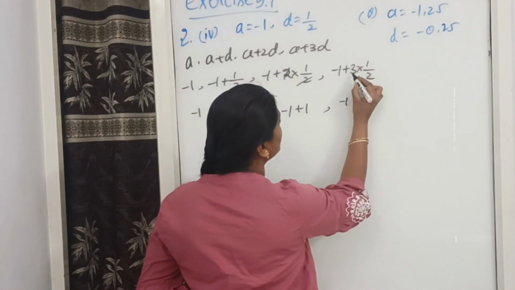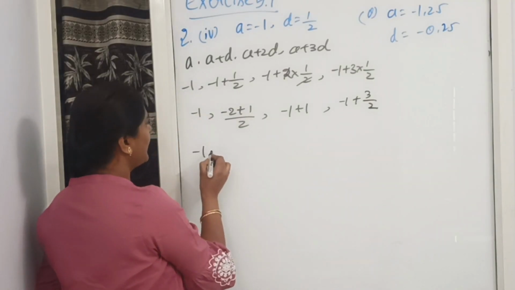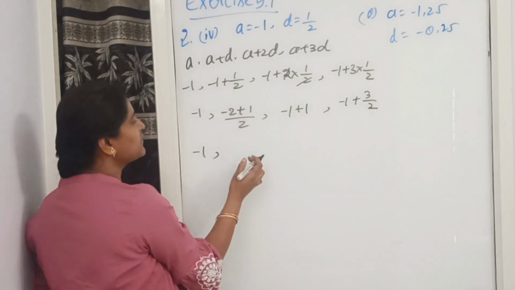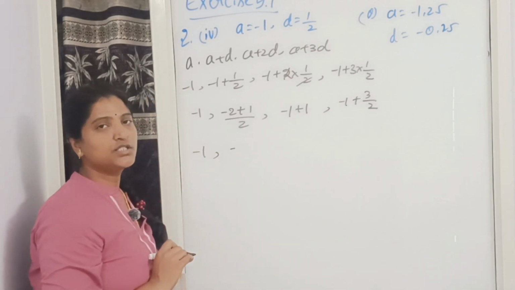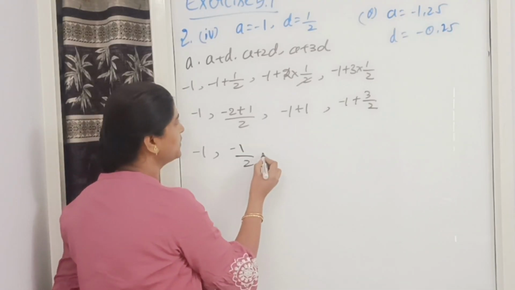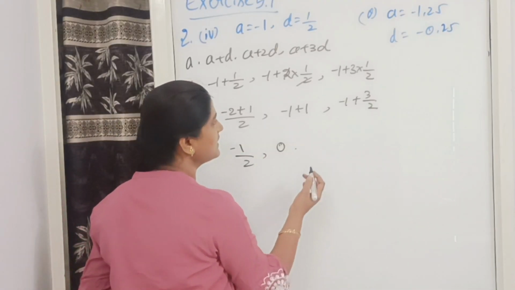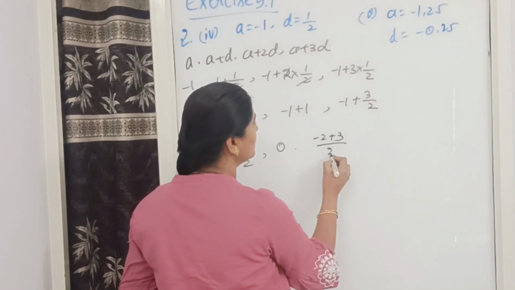Minus 2 plus 1 is minus 1 divided by 2, and this is 0.